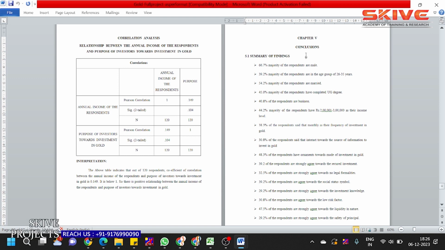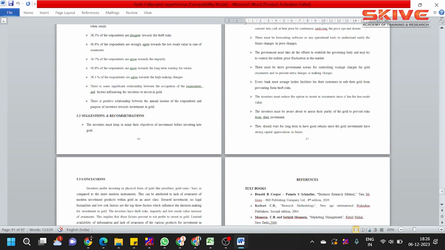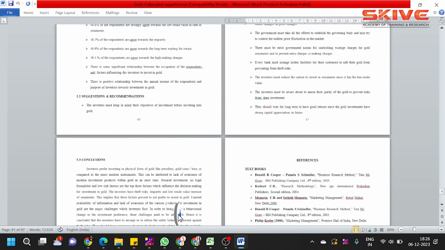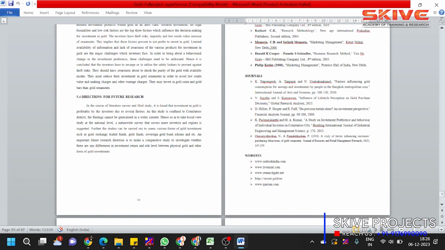From the survey we identify the factors affecting, and what factors are negative for these investments. Based upon the findings, we give some suggestions and recommendations. Finally, we conclude this thesis with our complete survey and the directions for future research.